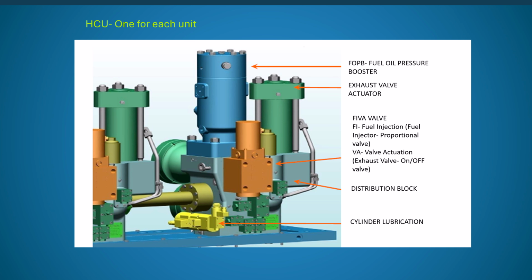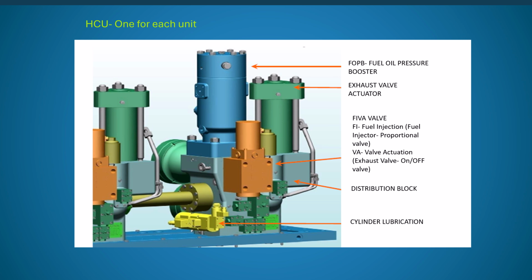This is called the FIVA valve. So what is FIVA? FI is fuel injection and VA is valve actuation. In the earlier version of the ME-C engine, we did not have FIVA, we had ELFI and ELVA, the electronic valve actuator.